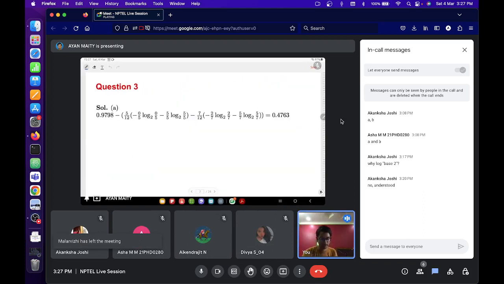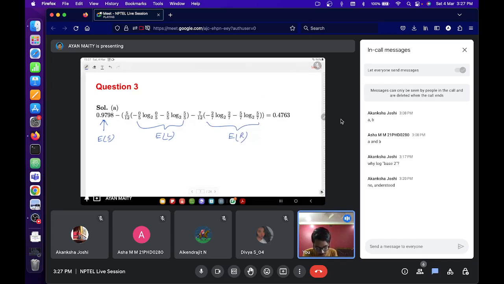If you put all the probability values into it, this is the entropy of the total data set, E of S, and then this part is the entropy of the left hand side. This is the entropy of the right hand side.